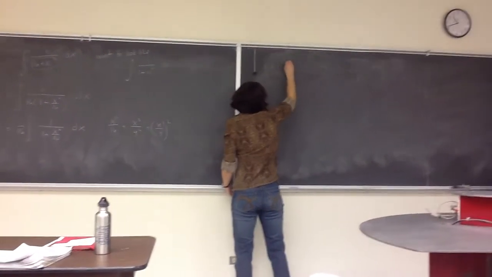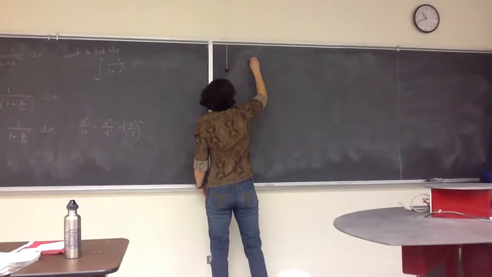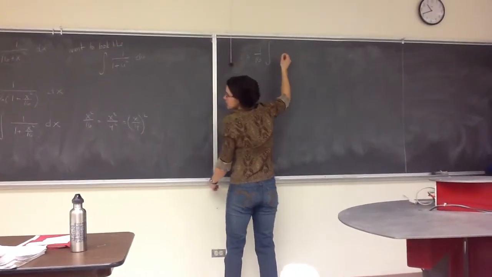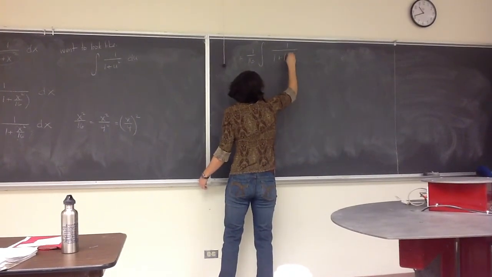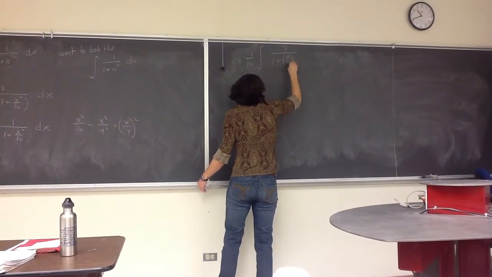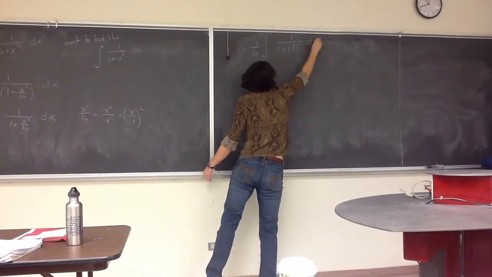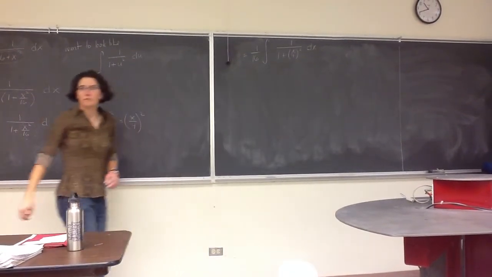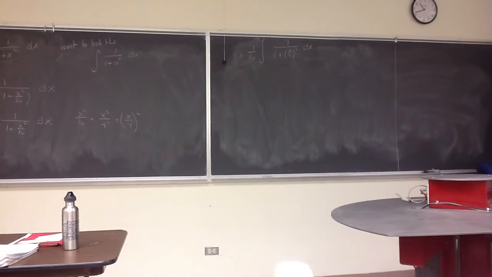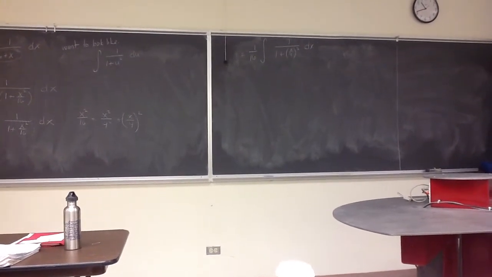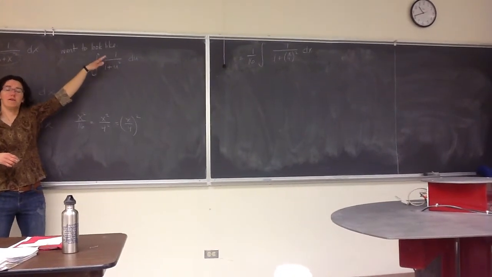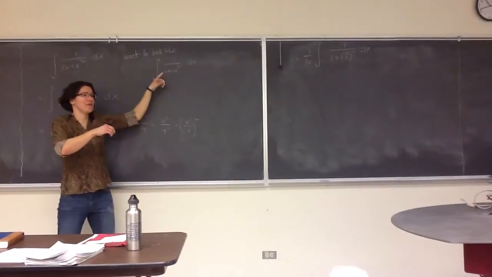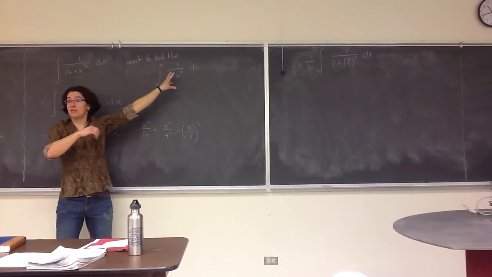So one last way that we'll rewrite this integral is 1 over 16 times the integral of 1 over 1 plus x over 4, the quantity squared, dx. And so at this point, we have written our integral in this form, 1 over 1 plus stuff squared.